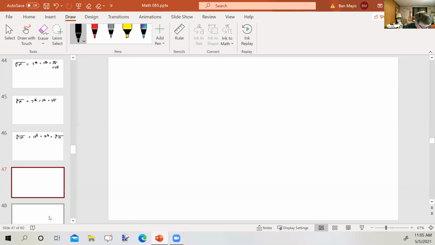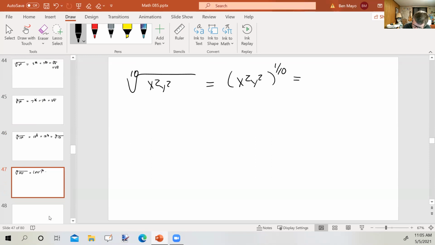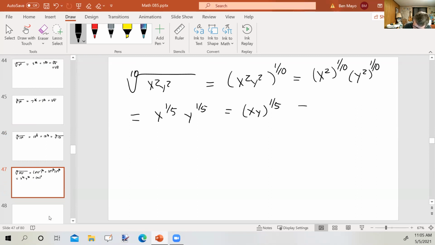All right, now let's see here. We've got the 10th root of x squared y squared, which would be x squared y squared to the 1/10th power, which would be x squared to the 1/10th power, y squared to the 1/10th power, which is x to the 2/10ths or 1/5, y to the 2/10ths or y to the 1/5, which is xy to the 1/5 or the 5th root of xy.